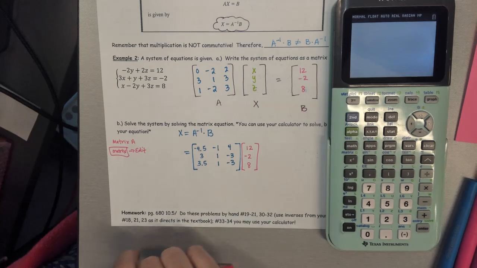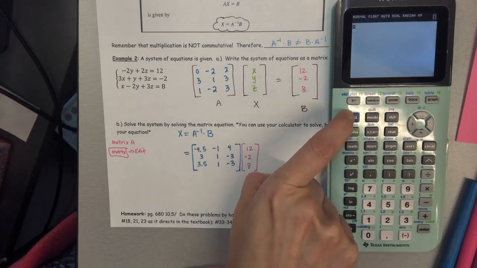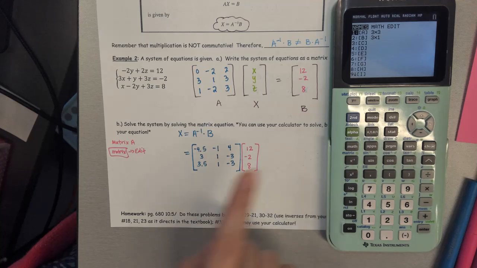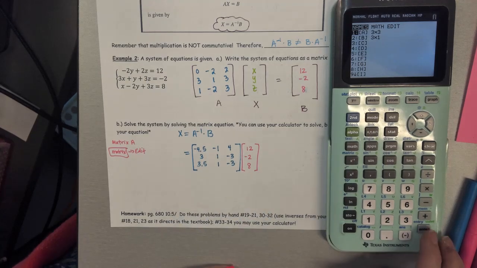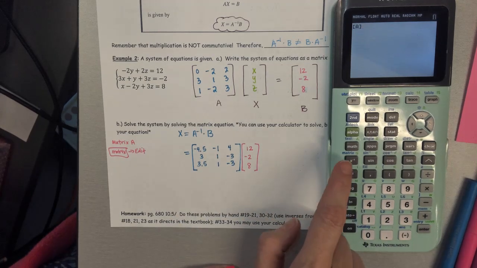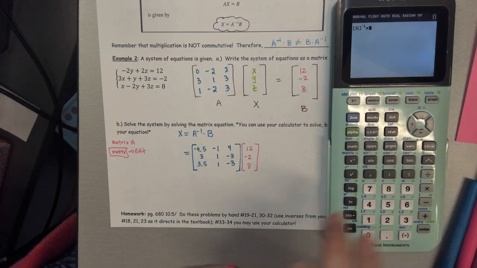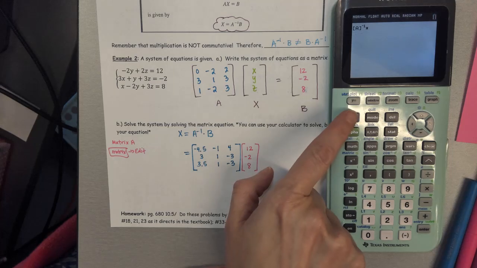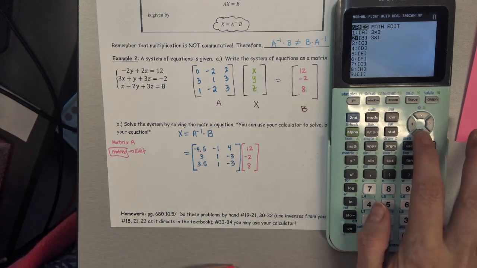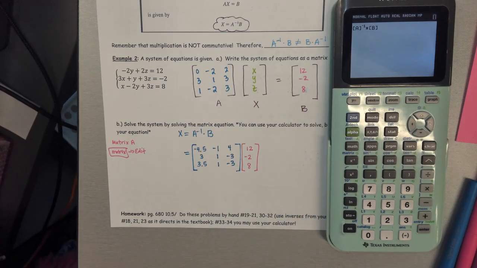Okay, and then you can go to second matrix. We're going to do A inverse, but don't press enter. We're going to do times the B. Okay, so we're going to go back to matrix. We're going to select B, and then you can press enter.